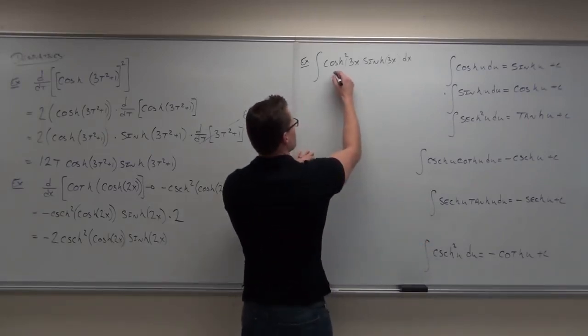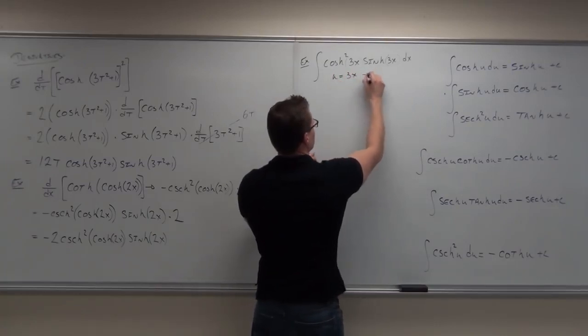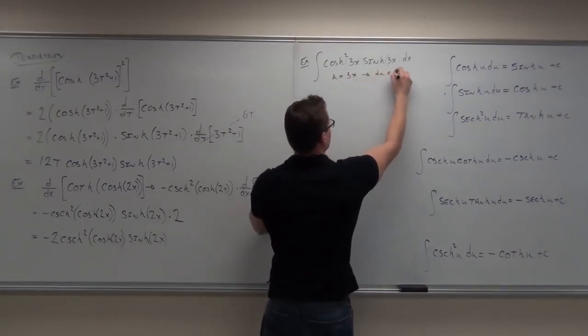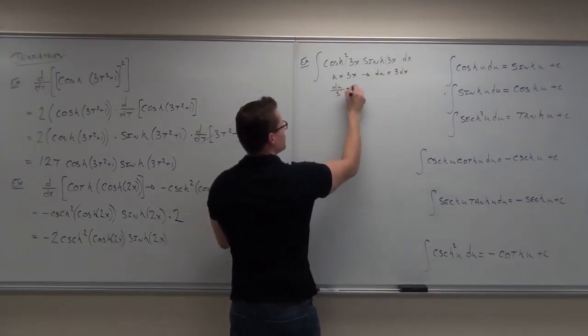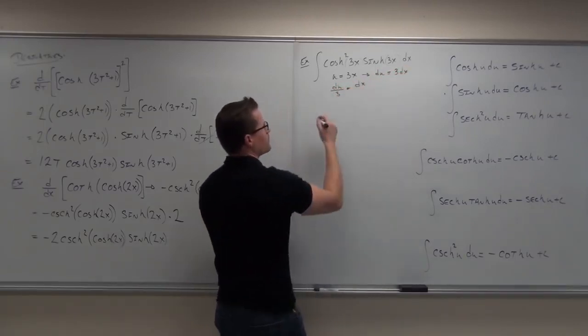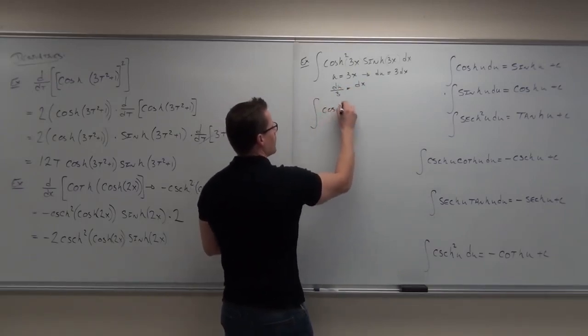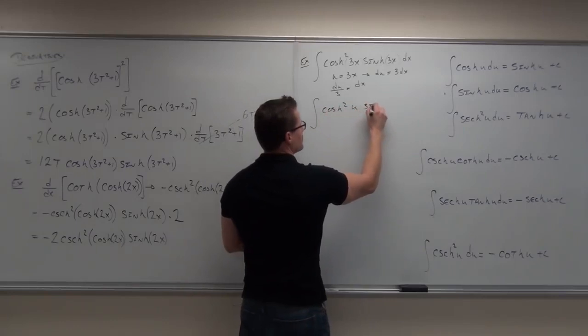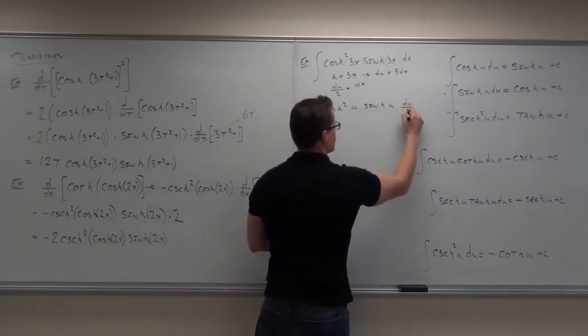So what I mean is we would do u equals 3x. So then we'd have du over 3 equals dx, or the 3 goes up front, whatever you want to say there. So we get cosh squared u, sinh u, and then du over 3.